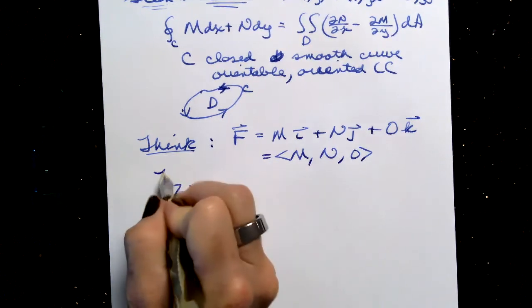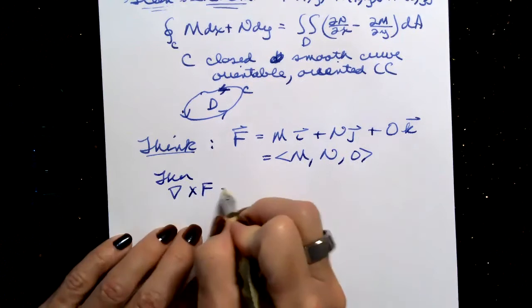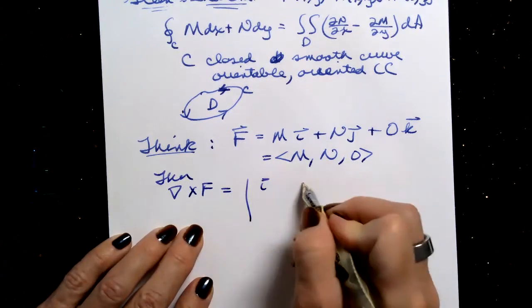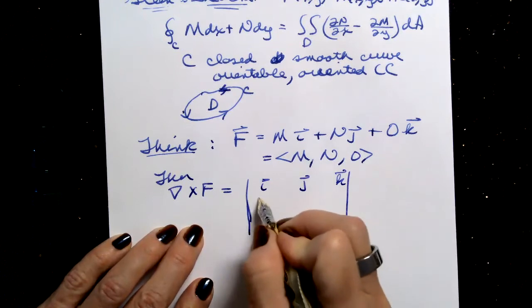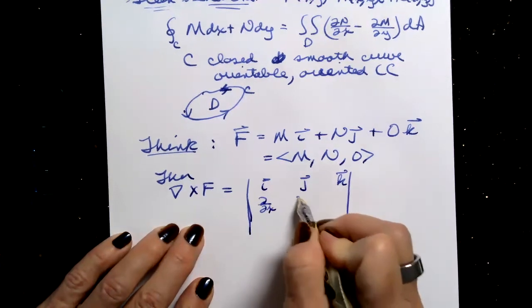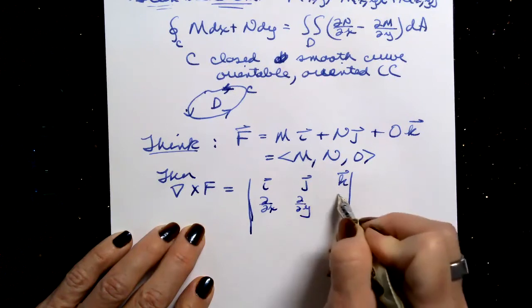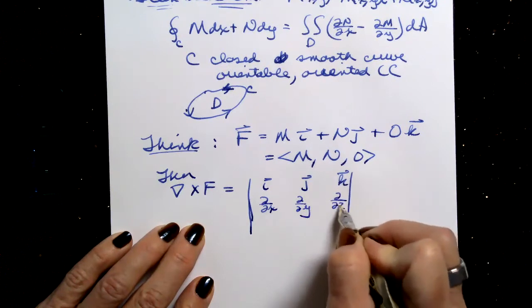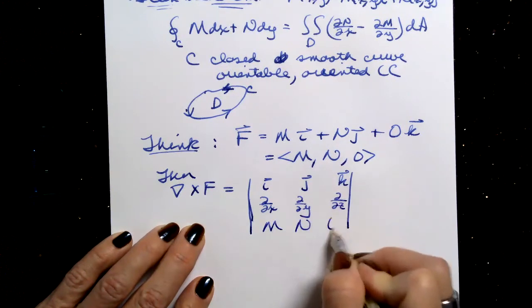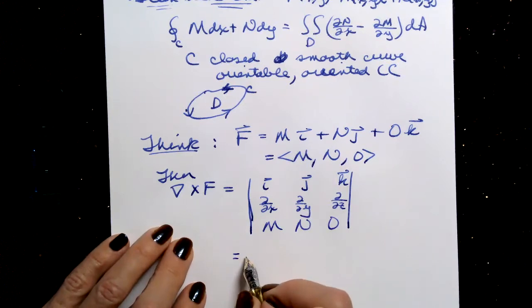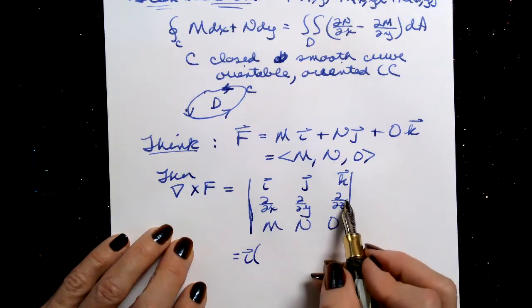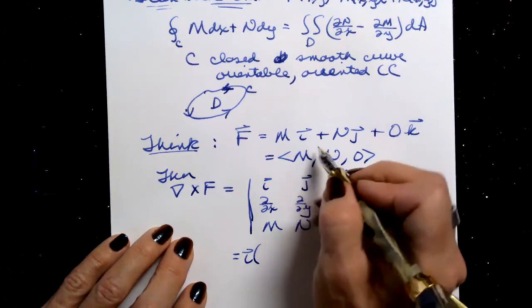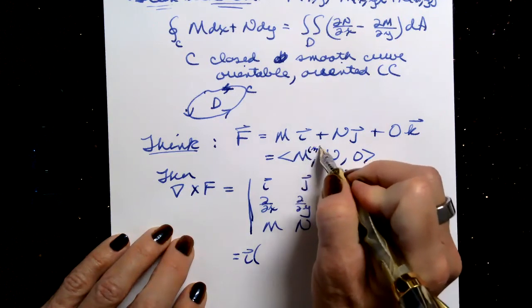So then the curl of F is the determinant of i, j, k, partial with respect to x, partial with respect to y, partial with respect to z, of M, N, and 0. And if you write that out, you have i times 0 minus N sub z, but M and N only depend on x and y.